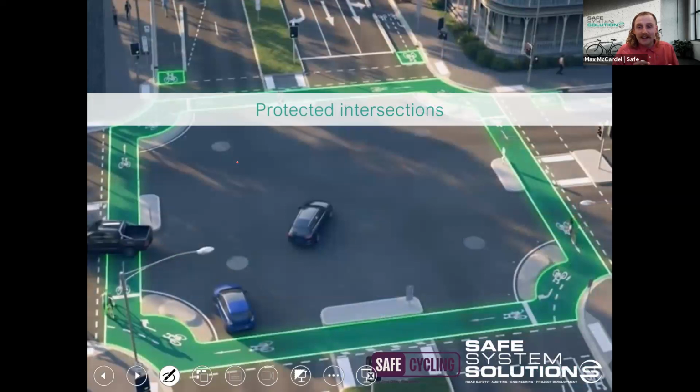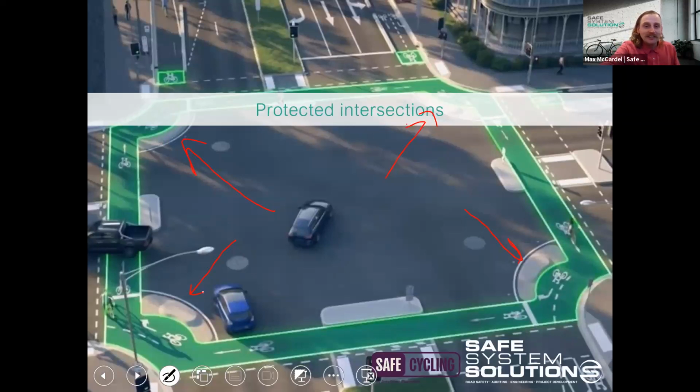So here is an artist's rendition of Melbourne's protected intersection, and it does look somewhat similar to this. The first thing you may note is that at the corner, or quadrant, of each of the intersections, there is what's referred to as a corner refuge island. These are just curbed areas that serve a very specific function.